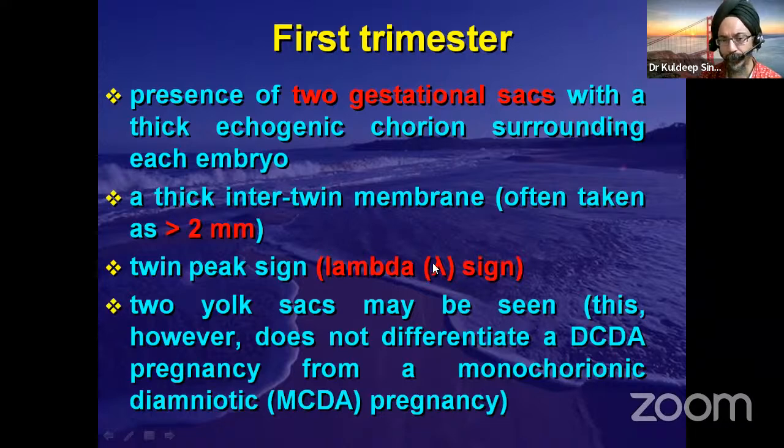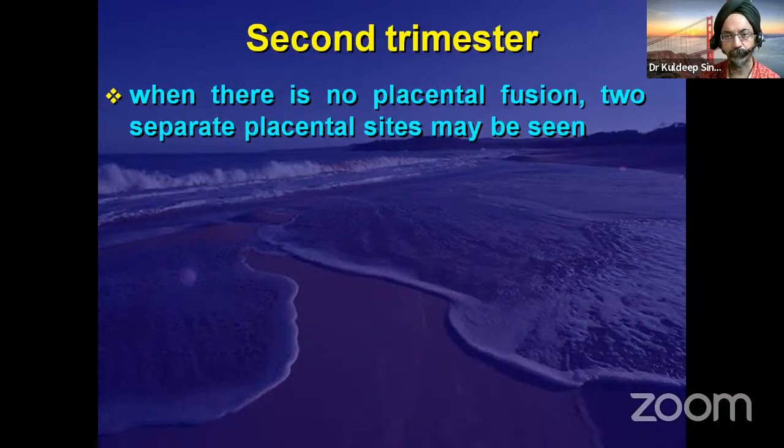You could be looking at a twin peak or a lambda sign. You could be seeing two yolk sacs. This does not differentiate a DCDA because you can have two yolk sacs even in an MCDA, but we are aware of all the other findings. I'm just trying to tell you what all can overlap, so don't get confused about it.